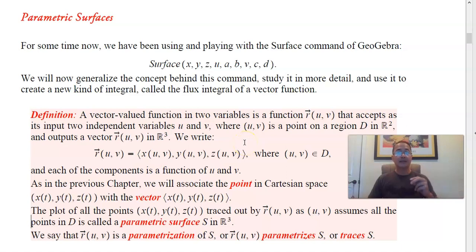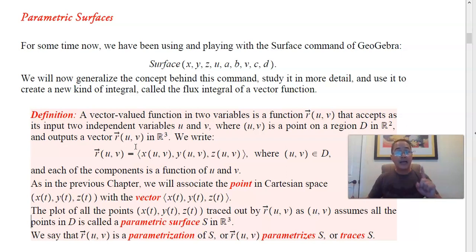So the mathematical definition of a parametric surface is very similar. You have a vector valued function, not in one variable, but in 2 variables, u and v. u and v will come from some region D in R2, on the Cartesian plane. And we will of course get as its output a vector in R3. When we graph that vector, we are only interested in the head of the vector.